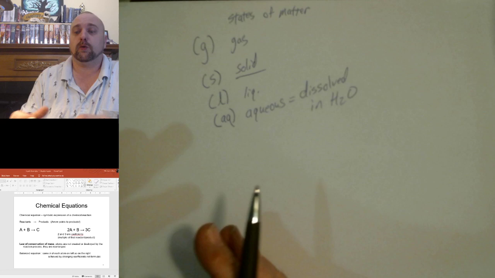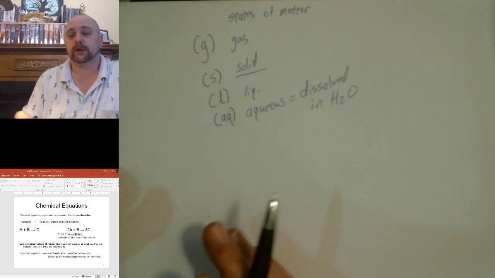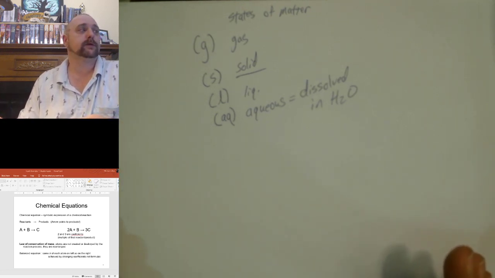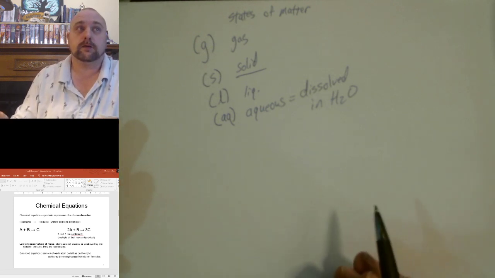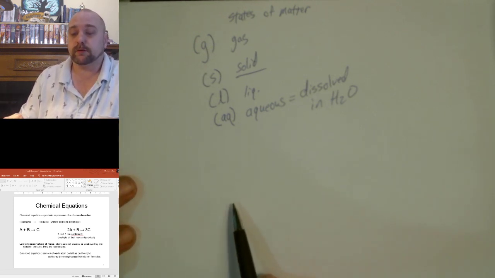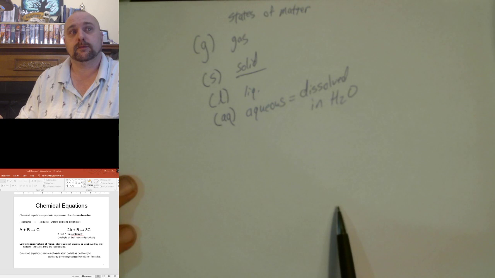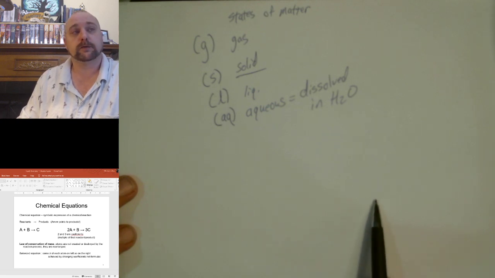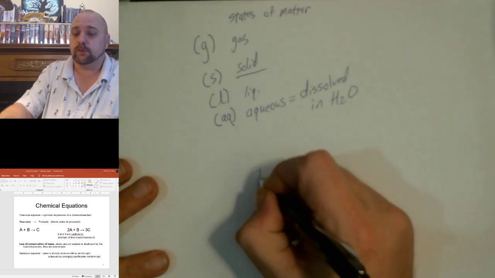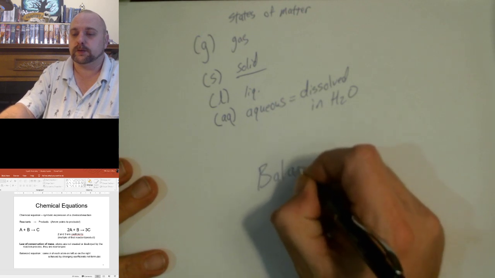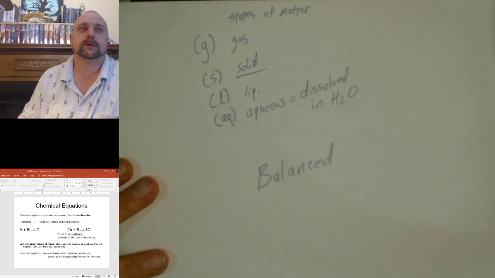The total atoms on the left-hand side will be equal to the total atoms on the right-hand side. If we have the same number of each atom, for each element on each side of the reactants and the products, then we would say that equation is balanced.